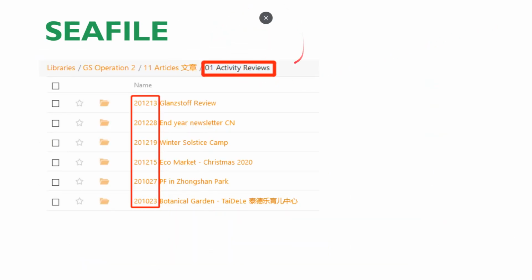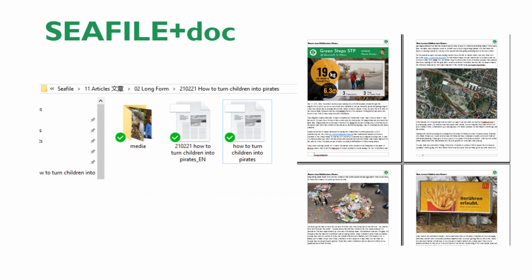For activity reviews, it's important to have the date of when the article was written, because activities can be the same, but it's important to locate them for a good archive in terms of time.